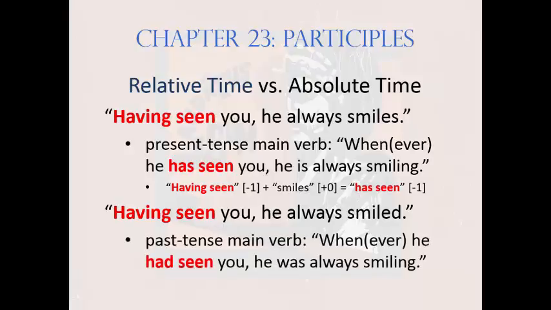Good. Pluperfect. "When or whenever he had seen you, he always smiled," or "was always smiling." "Having seen" -1 plus "was smiling" -1 equals "had seen" -2.